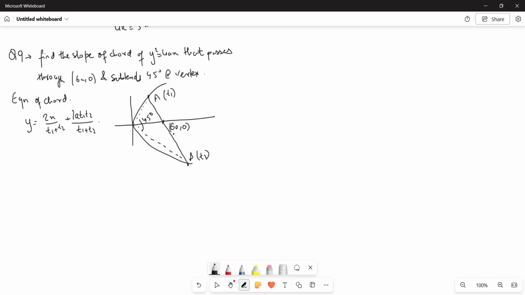So now if the chord passes through the point 6a comma 0, what must happen? 6a comma 0 lies on the line. So we plug that in. So your 0 is equal to 12a plus 2a t1 t2 by t1 plus t2. So a cancel हो गया minus 12. So this will give us t1 into t2 is minus 6 as the first equation. Is everyone clear on this?